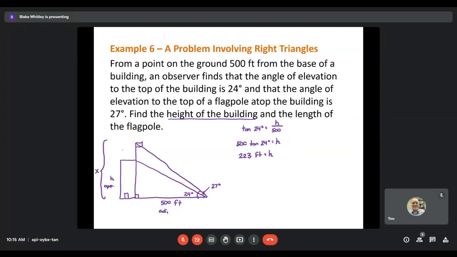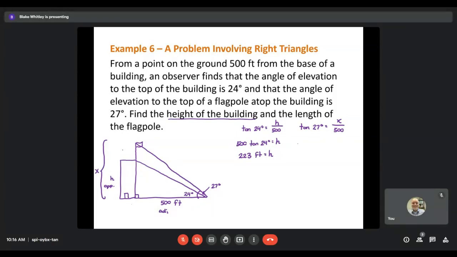Okay, so we do have to do it this way. We have to find the entire height all together, and then once we have the height of the building and the total height, then we can find the height of just the flagpole by itself. Again, it is an opposite and an adjacent, so we're going to do tangent. So we have tangent of 27 degrees is equal to the opposite side over the adjacent side, so x over 500.